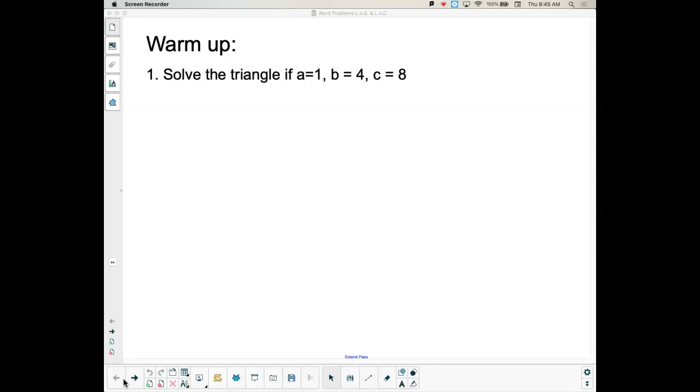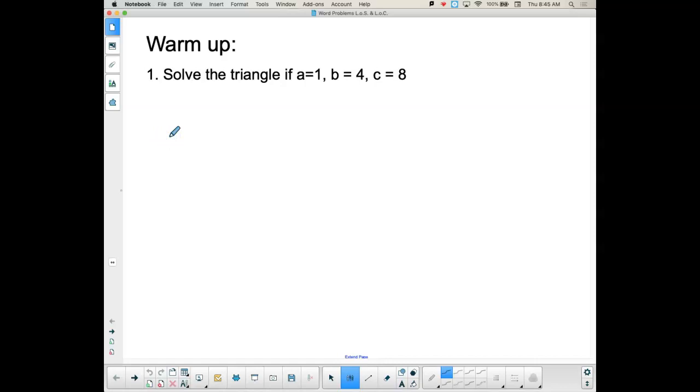So this is no triangle, because in a triangle the two short sides have to be bigger than the longest side, right? So 1 plus 4 is not greater than 8. No triangle.